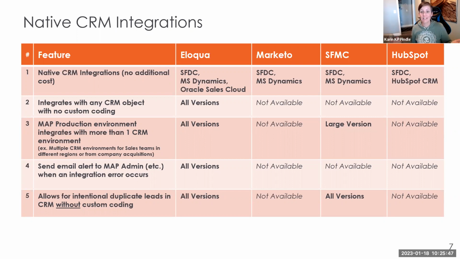Like at Oracle, that's how they sell, and it's similar to Adobe and Salesforce. So anyways, there's often a good use case for intentional duplicate leads in the CRM, and you want to know the marketing automation platform can properly create and update the correct lead in the CRM system and know when to do each of those scenarios. So Eloqua and Salesforce Marketing Cloud can do that.